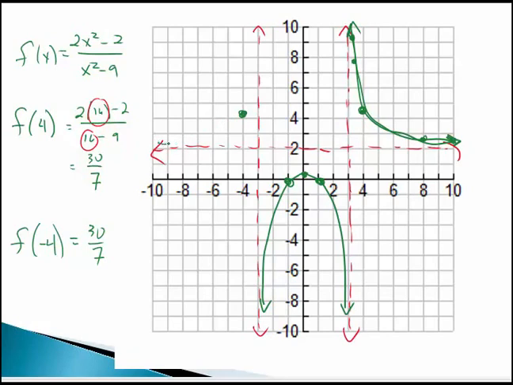And a couple more test points would be good. If you were to do those, you should get a curve that looks something like that. Good test points to pick, I think -10 would be a good one. Should put you right there. And if you want, you can get closer to this vertical asymptote of -3, and it should shoot you up there somewhere. Okay, so that's the sketch of the curve for this function.